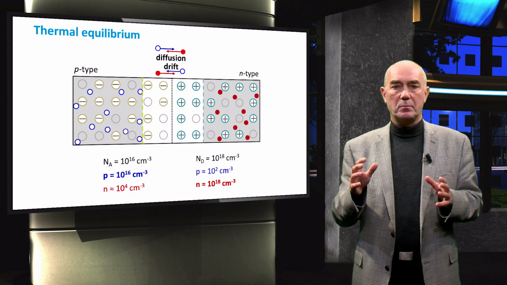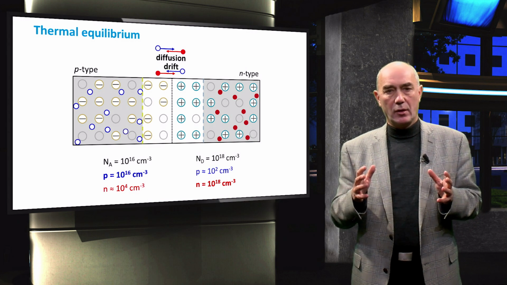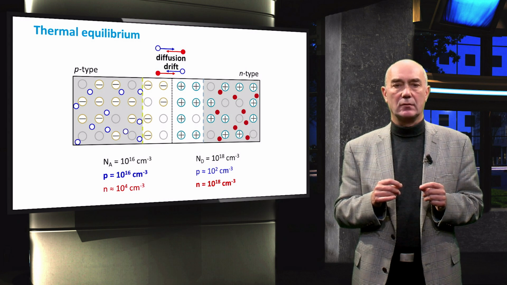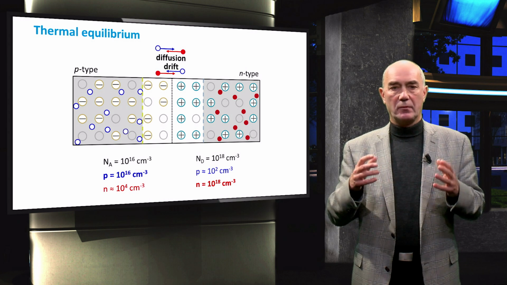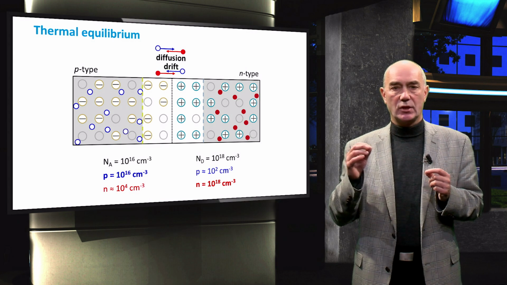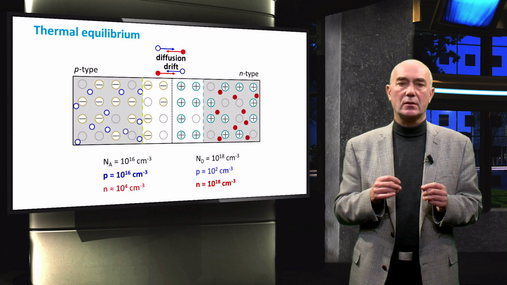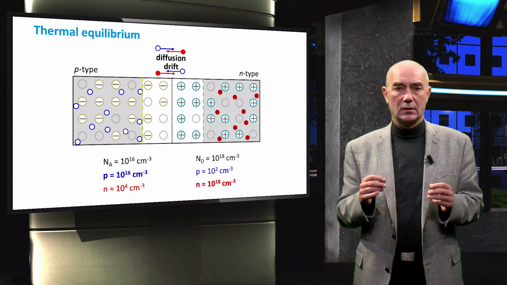When we illuminate a p-n junction, some of the incident photons are absorbed by the semiconductor material. The absorption of photons results in a generation of extra charge carriers that change the carrier concentration in the junction.